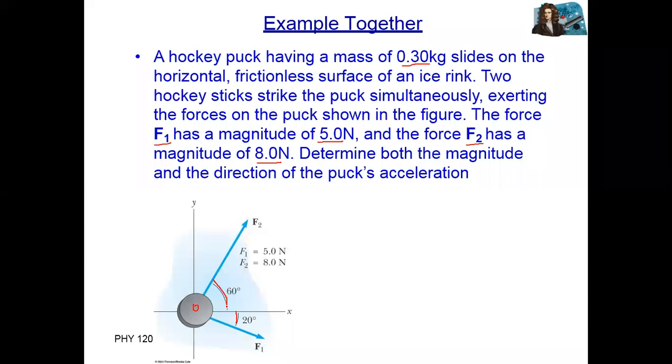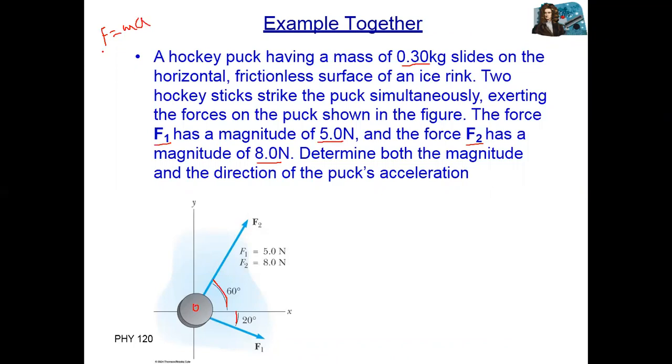We need to determine the magnitude and direction of the acceleration. How to find magnitude and direction? Mass is given, force is given, but you need to find acceleration. Again we need to use the formula F is equal to ma.